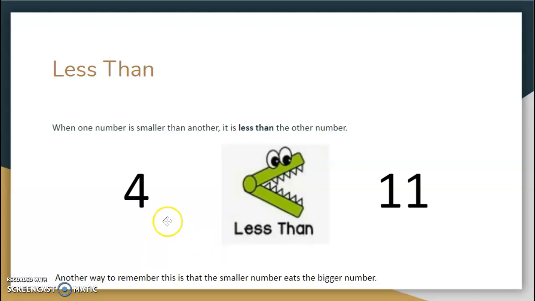So the smaller number here is going to try to eat the bigger number. Okay, see how the alligator is chomping towards that bigger number, that number that is greater. But when I have the smaller number first, it's said as less than. Okay, so it'd be 4 is less than 11.